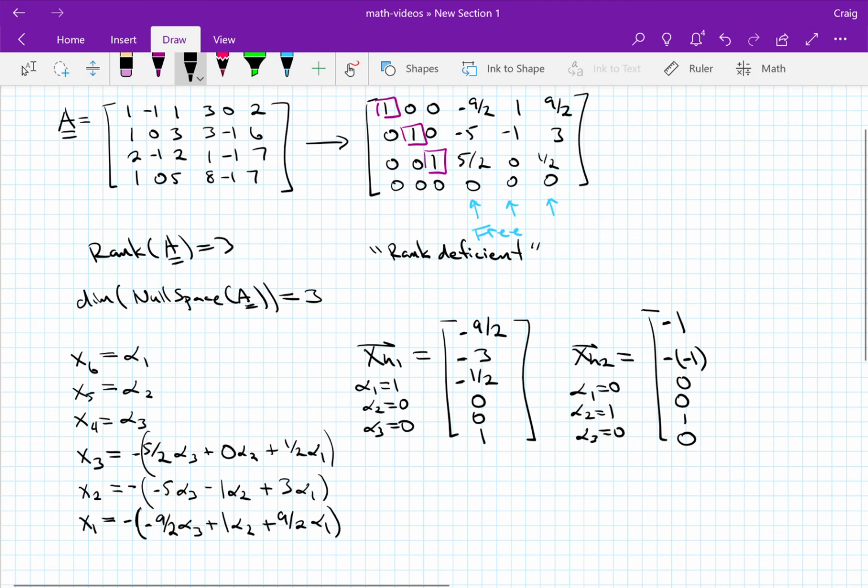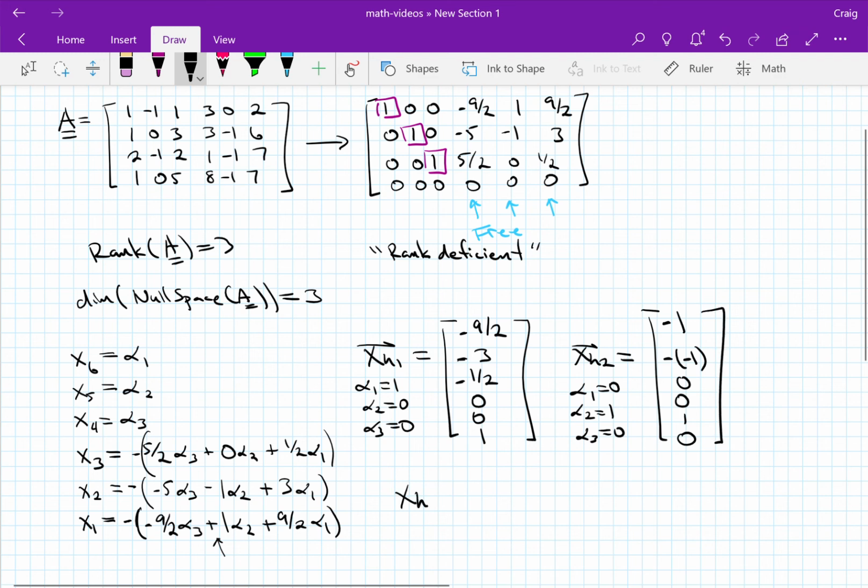I'm sorry, I have a sign error on this one, in my row reduced form. Bear with me, there may be a typo in the book.